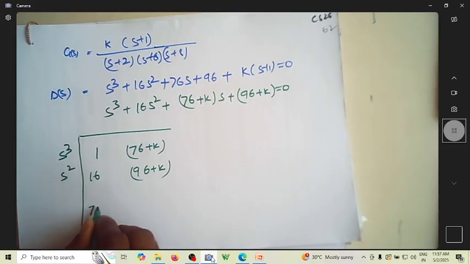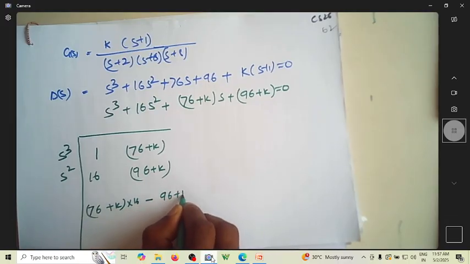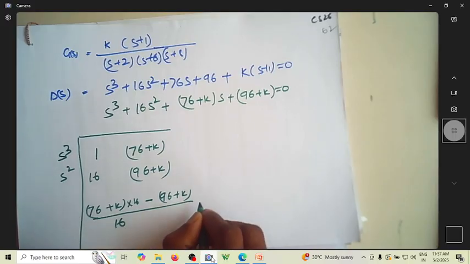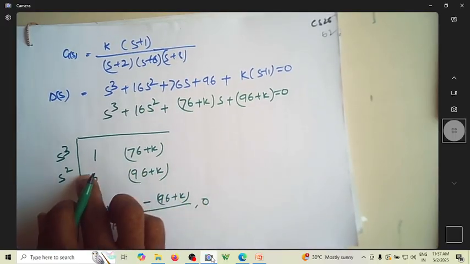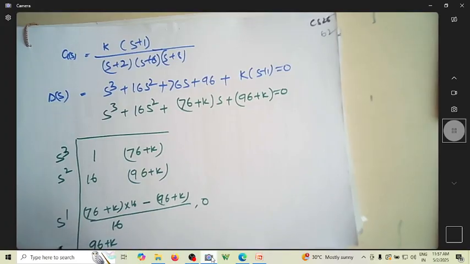Then the s^1 row is (76 plus k) into 16 minus (96 plus k), divided by 16. This is 0. This is this into this minus this into this. It is 96 plus k. This is s^1, and this is s^0.